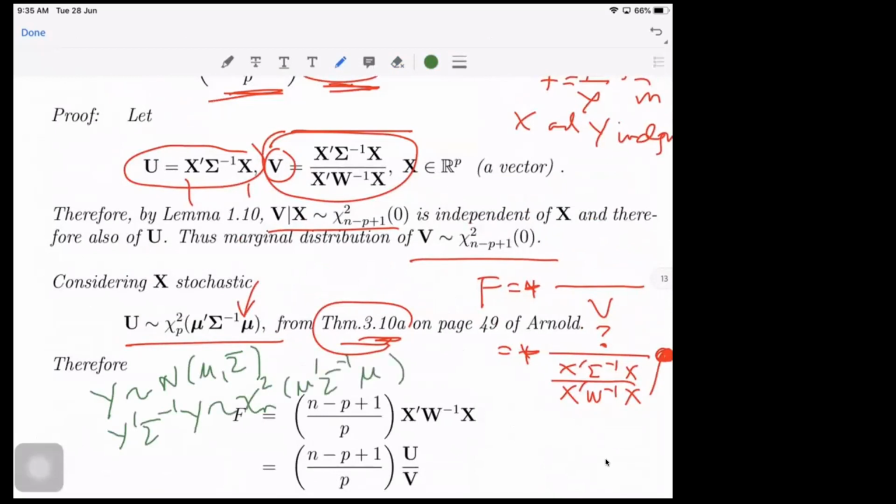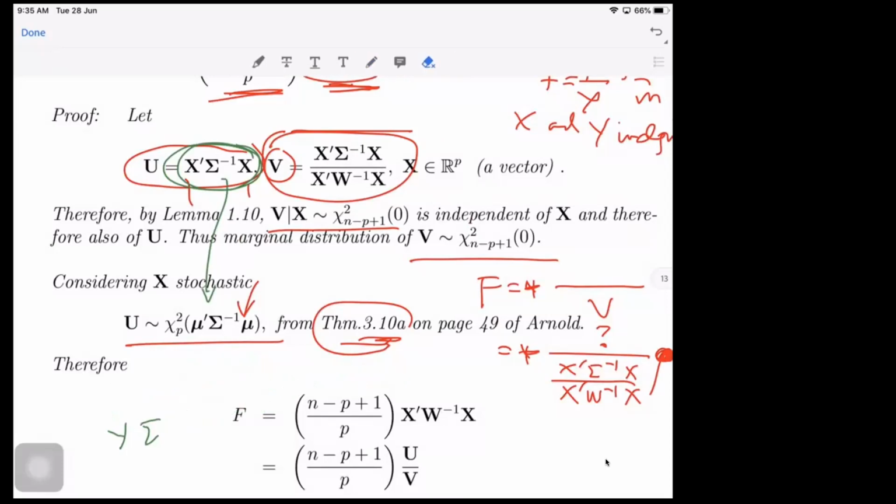So, using that theorem, you can have this result. So this is true by theorem 3.10.